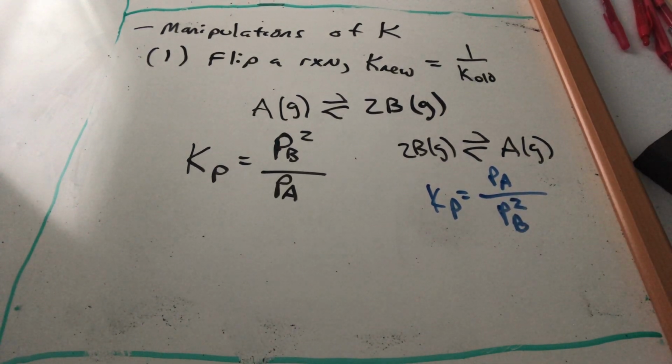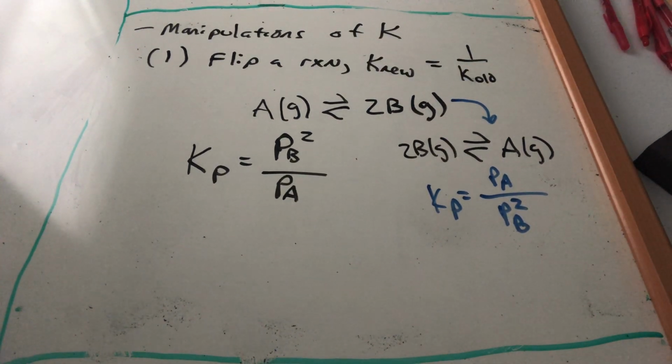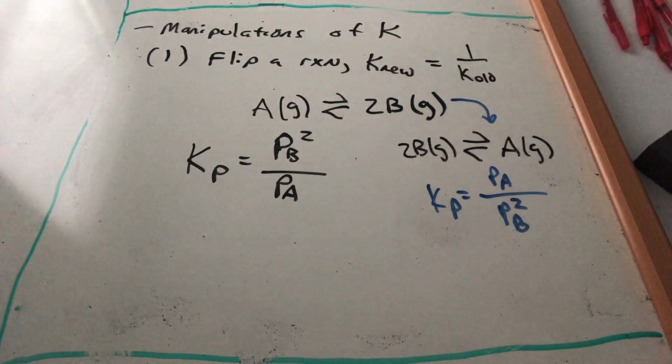Oh, wait a second. How did I go from here to here? These two reactions look like we just flipped the reaction. And we'll have to do this eventually, where it'll be really helpful for us to flip a reaction to define A as a product instead of a reactant. It's not something that's necessary for certain problems, but for certain problems it is.